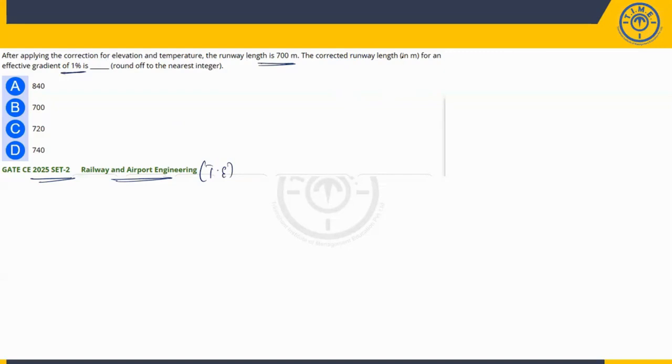To the 700 meter, you apply the gradient 1% correction.